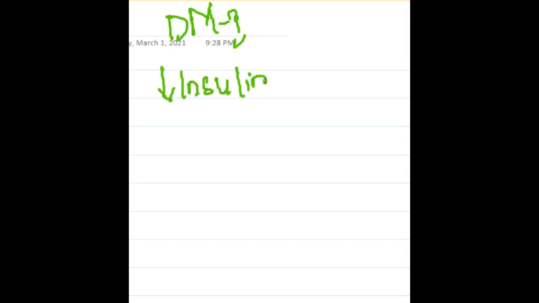This decreased level of insulin will decrease fatty acid synthesis.